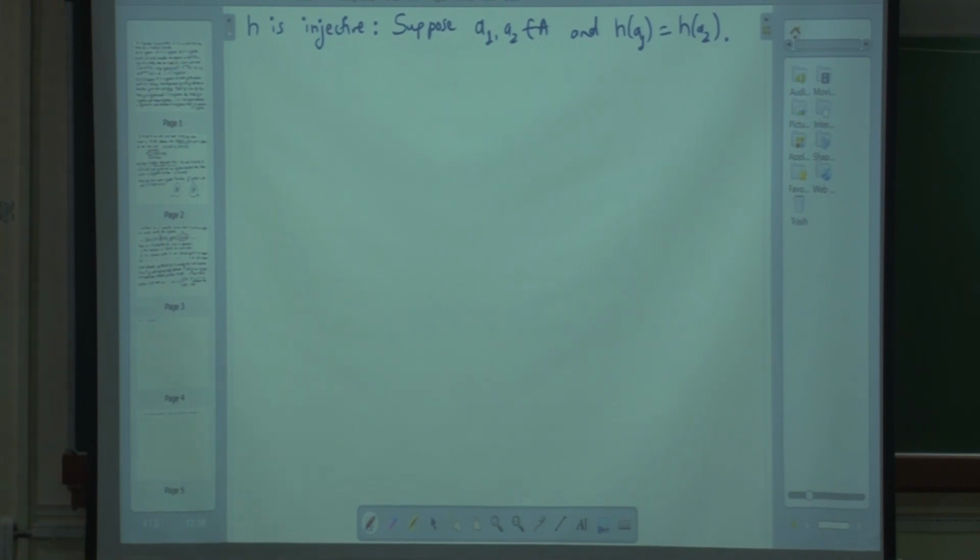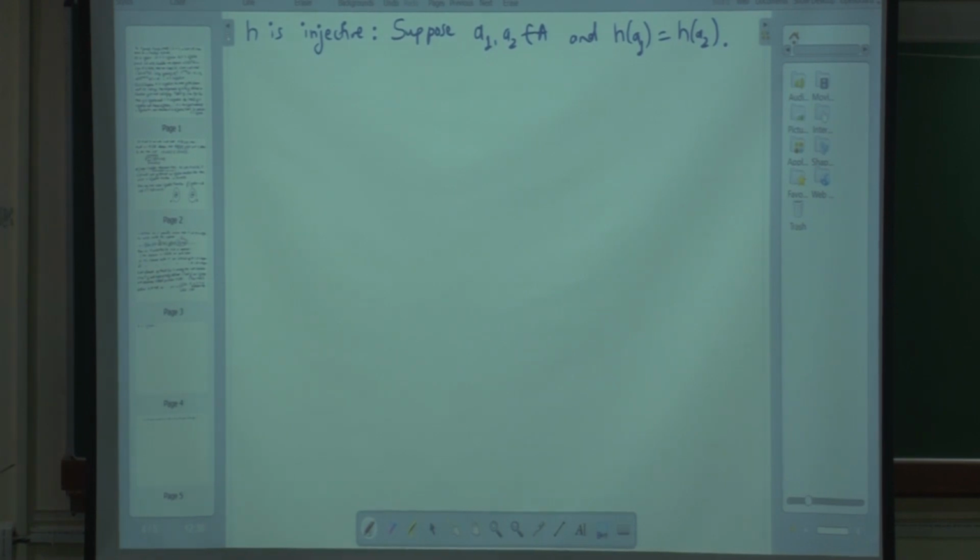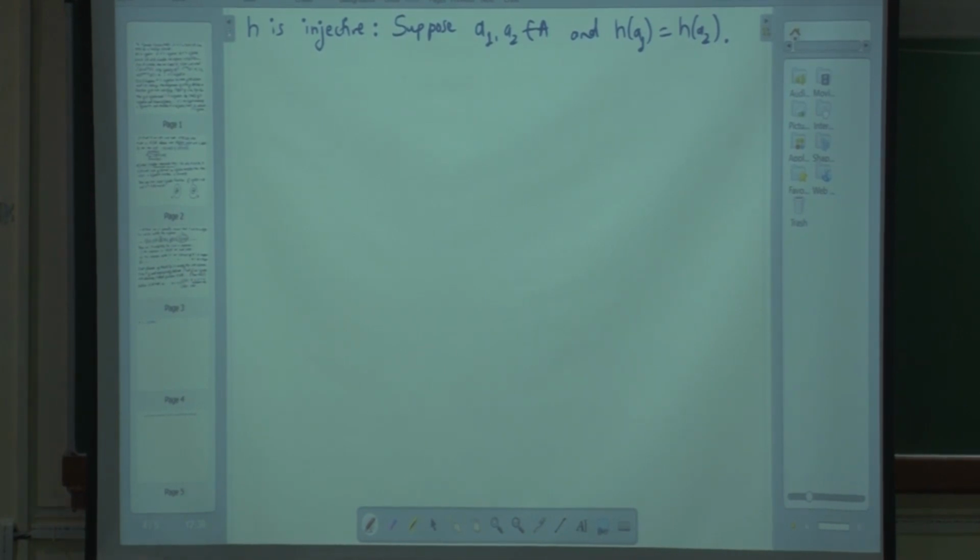Can A1 be in a B stopper sequence and A2 not be in a B stopper sequence? Why? Because either both will be there or not. Because if the definition is f of a, then both are not in B stopper. But if the definition is of G inverse, then both are in B stopper. So first note that h of a1 and h of a2 are the same elements, that's important.